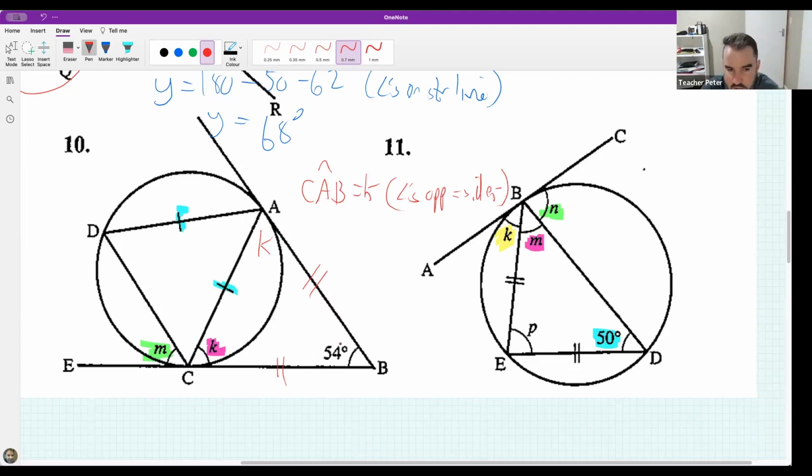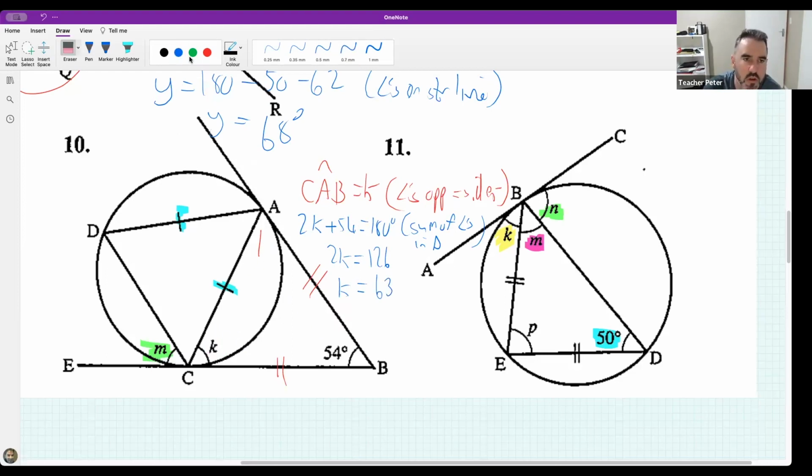Now that can be very helpful in finding what K is, because we can go 2K plus 54 is 180. And then we get 2K is 126, which means K should be 63. So both of these angles will be 63.